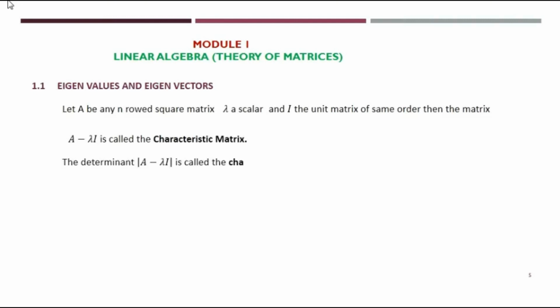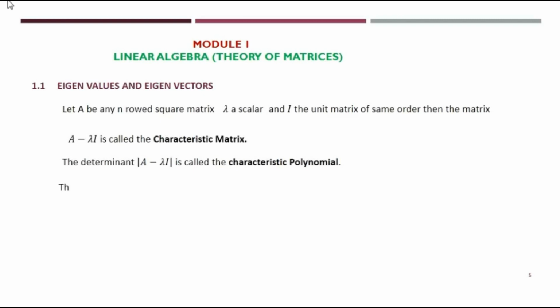The determinant of the matrix A minus lambda I is called the characteristic polynomial.